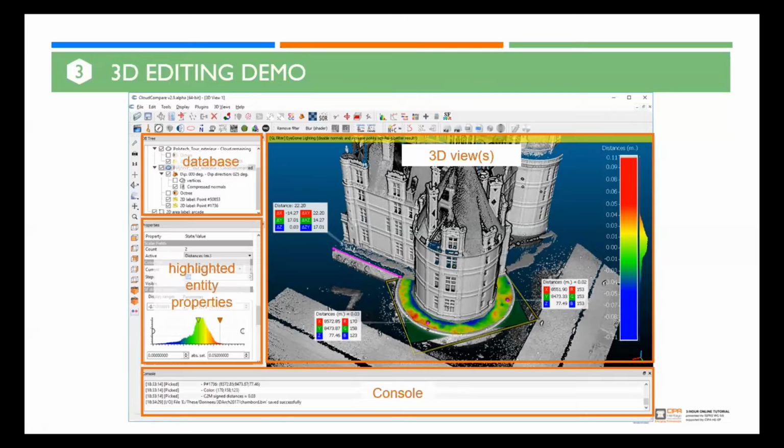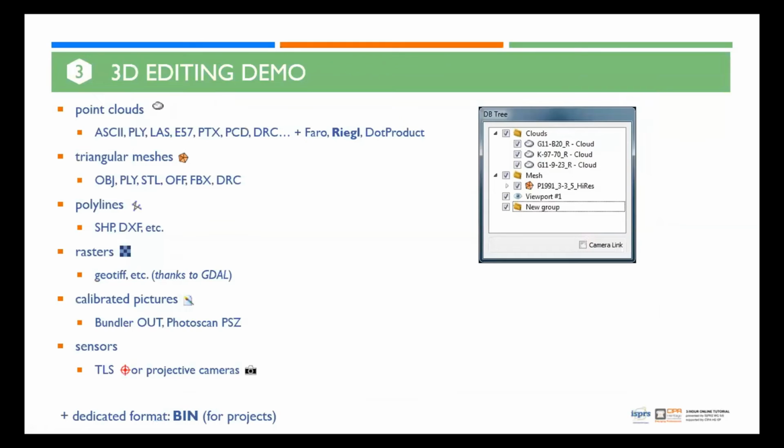We are working on projects, and we are going to see how to import into CloudCompare projects, singular files, singular triangular meshes, and so on. And we are going to see how to work on the properties of all the single files that we import inside this really powerful software.